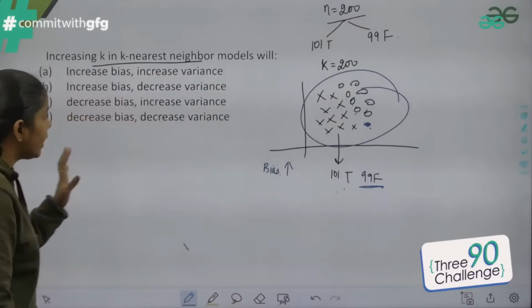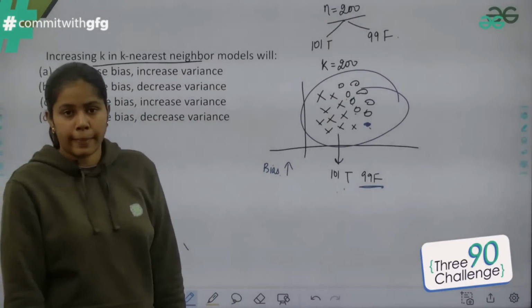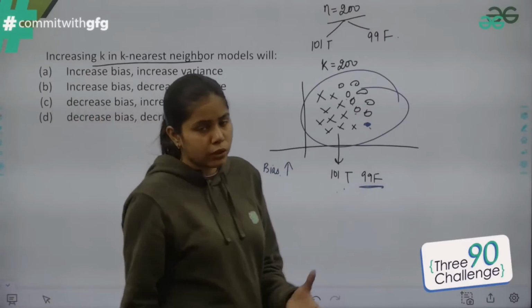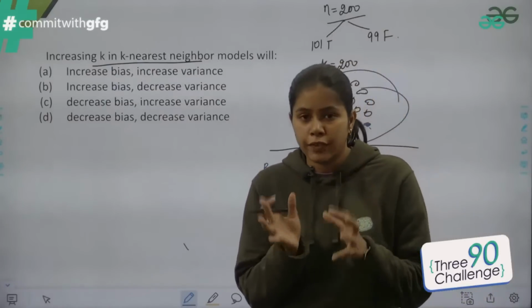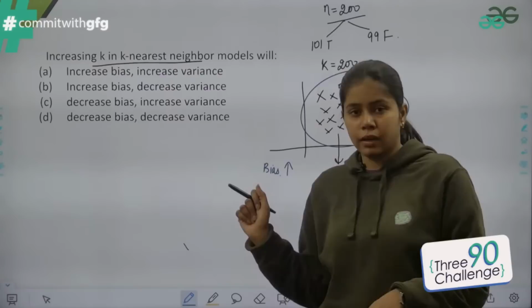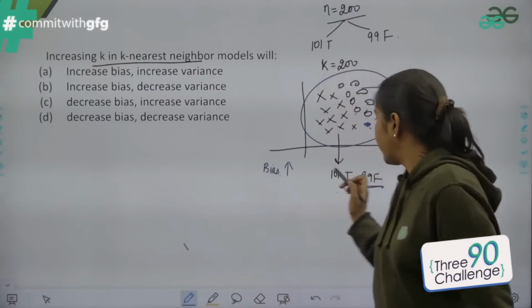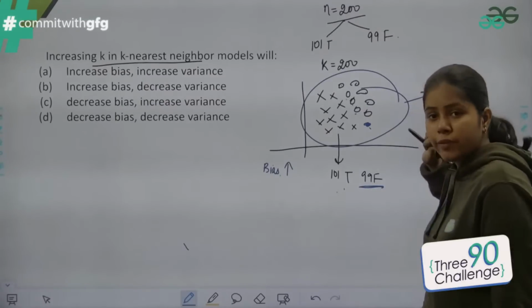Someone asks why there would be a decrease in variance. Variance, I told you at the start, is that if the model works differently on different data sets, then that would be variance, right? But for a different data set, it is giving me a true answer for every value.